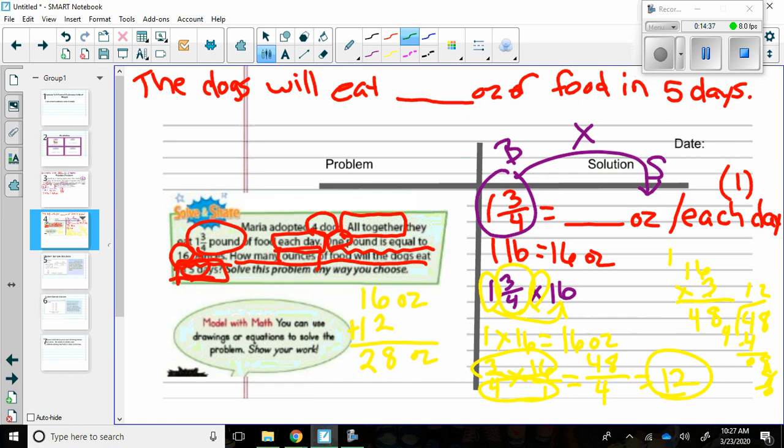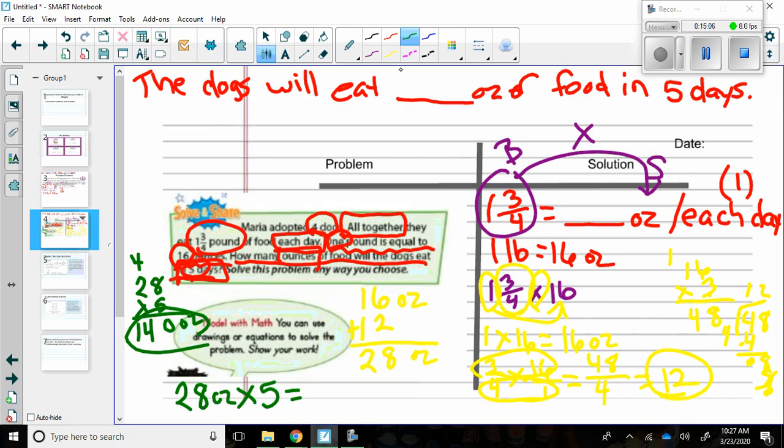So if they eat 28 ounces of food in 1 day, and they're doing that for 5 days, I now need to multiply 28 times 5. 8 times 5 is 40. 2 times 5 is 10 plus 4 is 14, so 140 ounces.